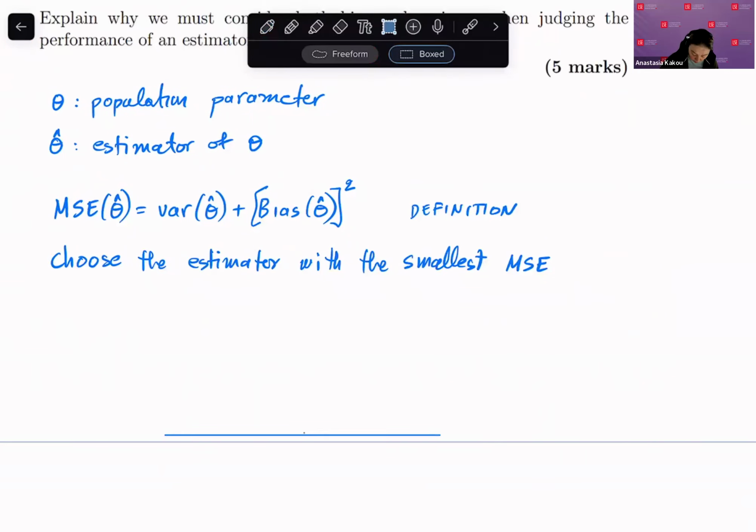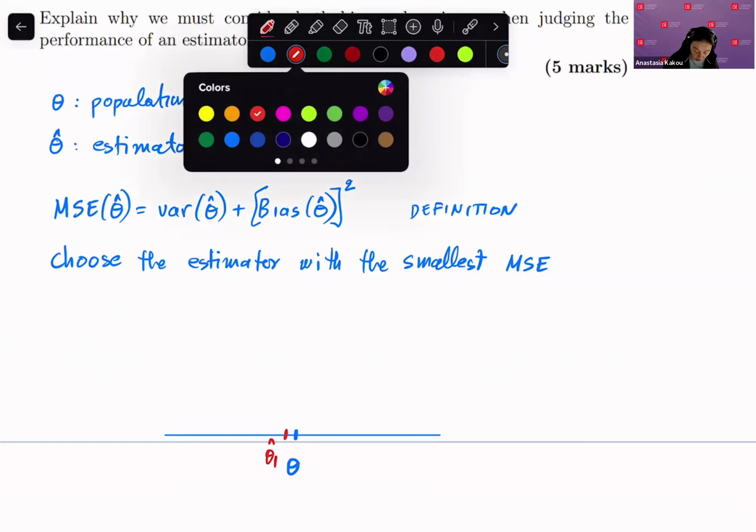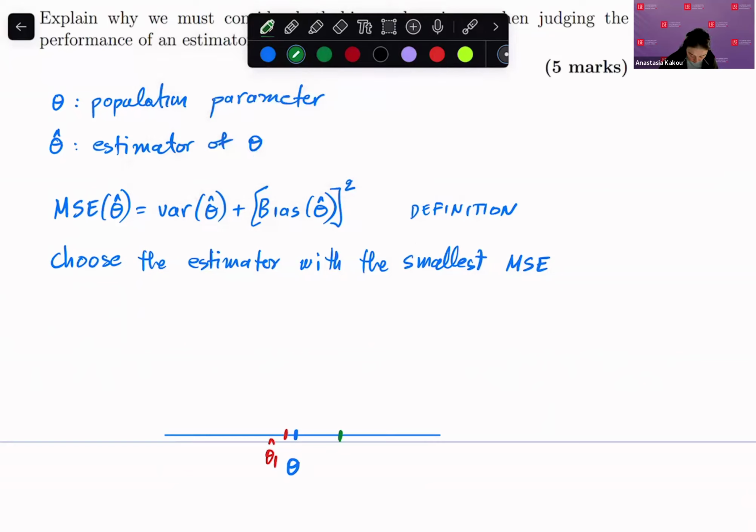So suppose the parameter was theta, and you had two estimators. One had a small variance and a small bias, let's say theta 1 hat, and the other had a bigger variance and bias, theta 2 hat.